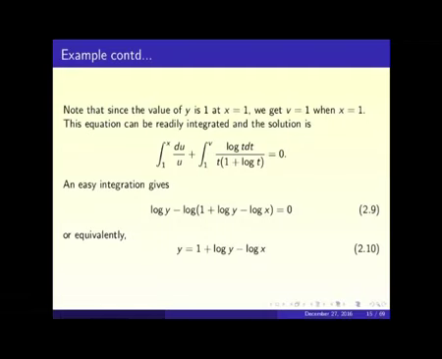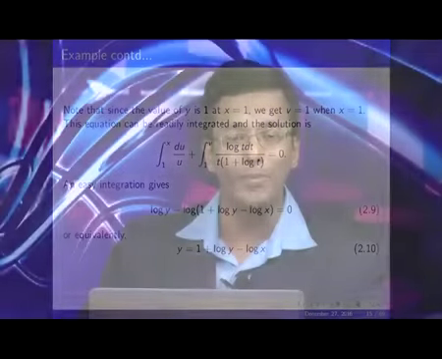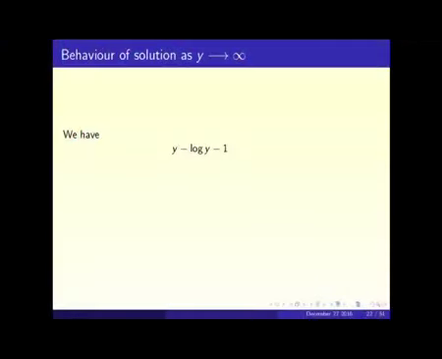Now bring the log y to the left. When y goes to infinity, what can you say about y minus log y minus 1? That will also go to infinity. Let me again do this for you on a sheet of paper. What do we have? We got y minus log y minus 1 equals minus log x.